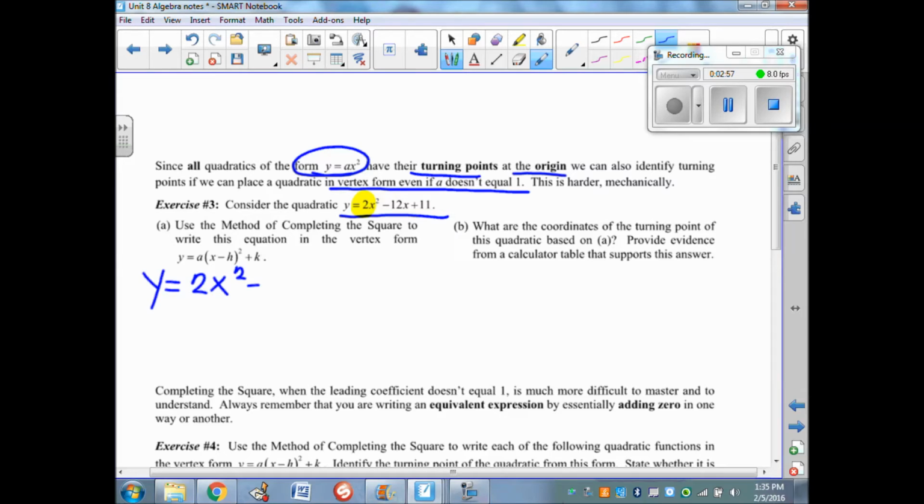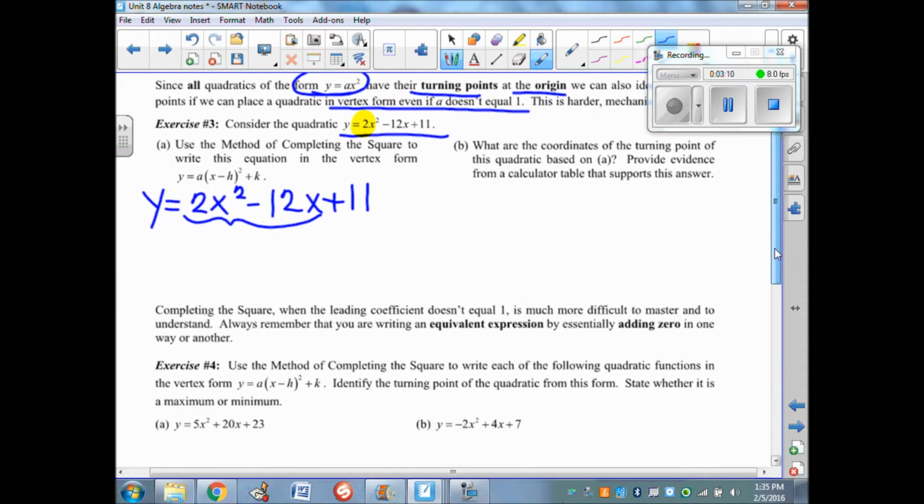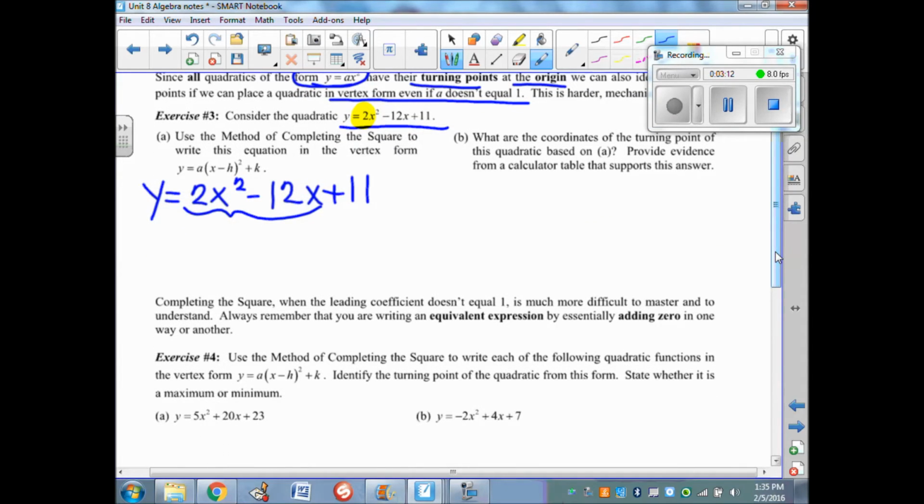I'm just going to rewrite it as it is. And now how do I work with that? When we started to complete the square, we were looking at our first 2 terms. Hopefully you're recognizing that 2 in front is our GCF.